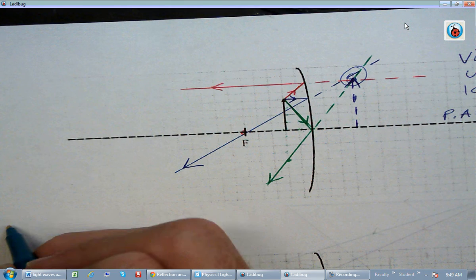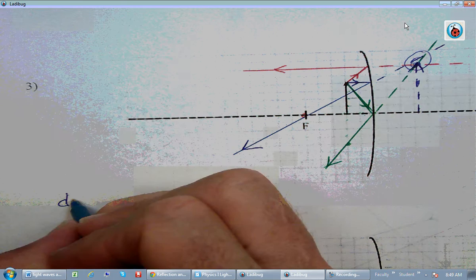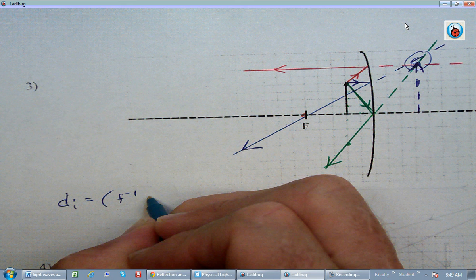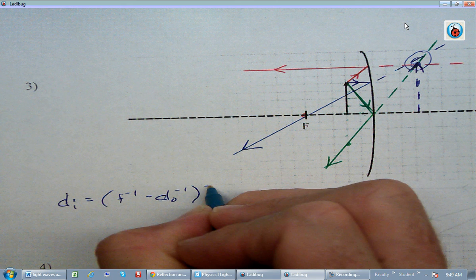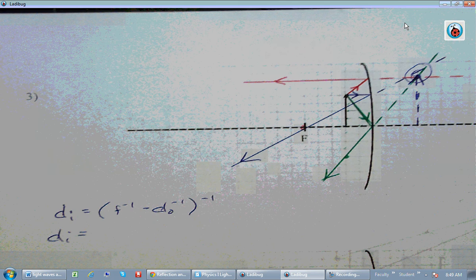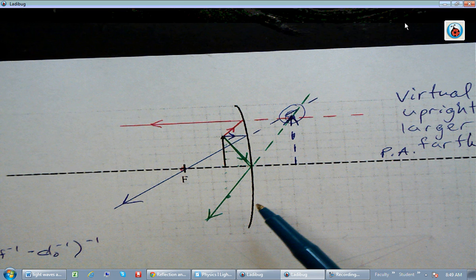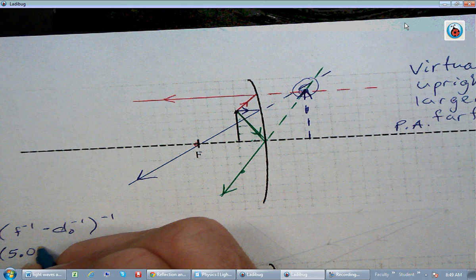Okay, so DI is the inverse of the inverse of F minus the inverse of DO. I write it that way. Now I'm going to get my measurements here. The focal length is how far the focal point is from the mirror. 1, 2, 3, 4, 5 units. I'm going to leave the units off. They would be centimeters.